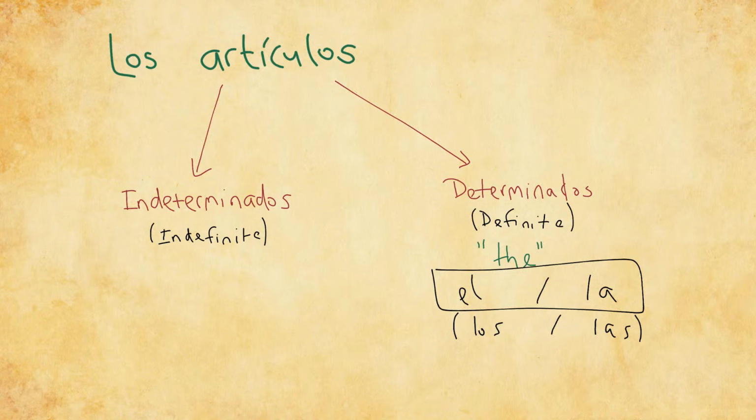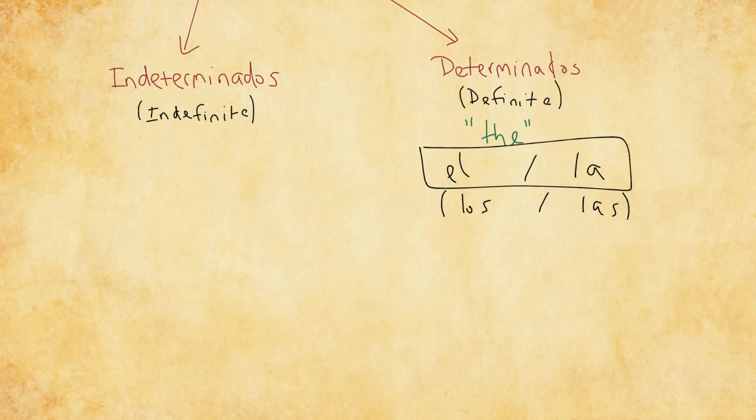In this video, I would just like to encourage you that once we start doing vocab videos, pay attention to the articles, because in English, if you're learning new vocab, you don't learn it with an article. You don't say the book, the table, the something, because it's always the same article. But in the Spanish language, you should learn the vocab words with the article in order to distinguish whether it's a male or a female.